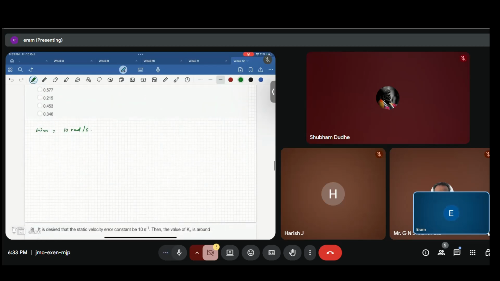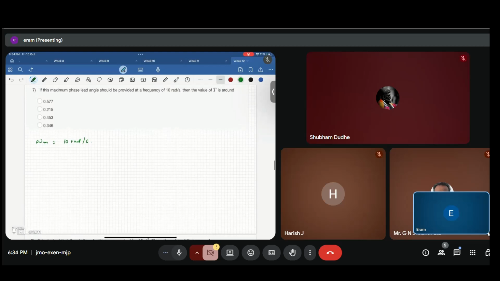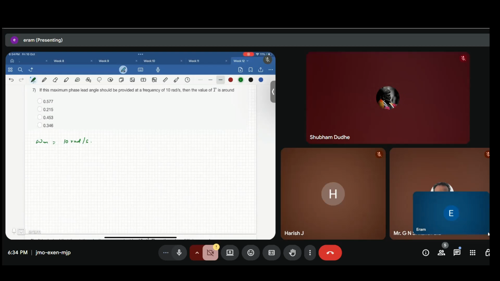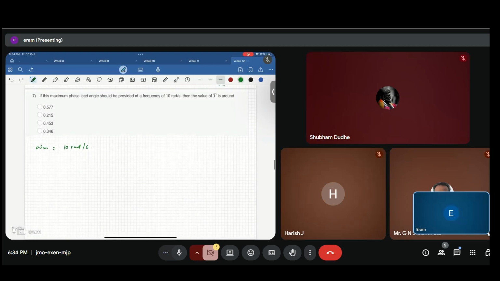So this is a very simple problem. Just use the formula for omega m, that is frequency at the maximum phase lead.